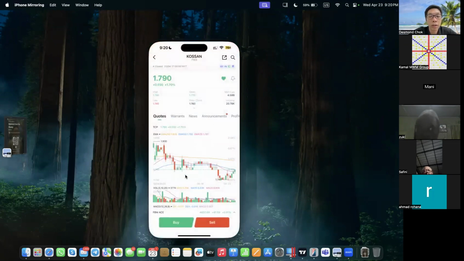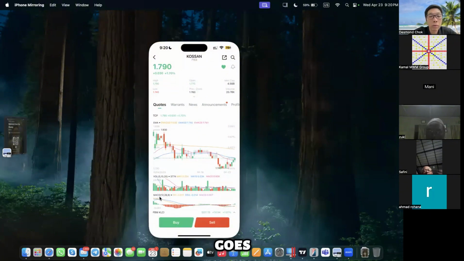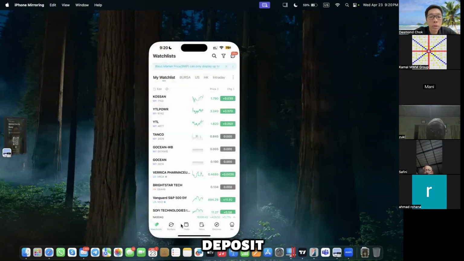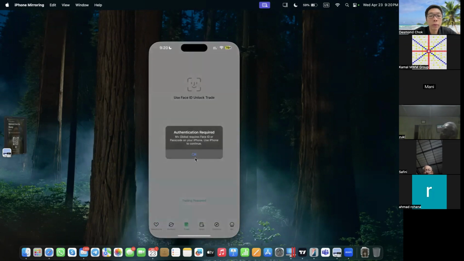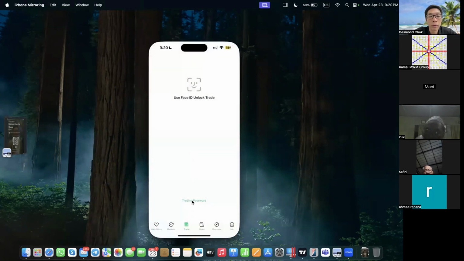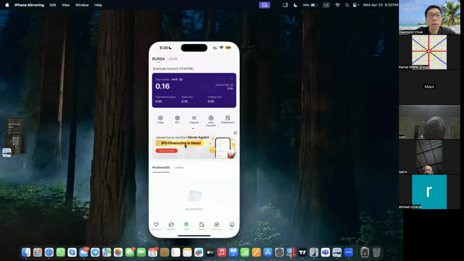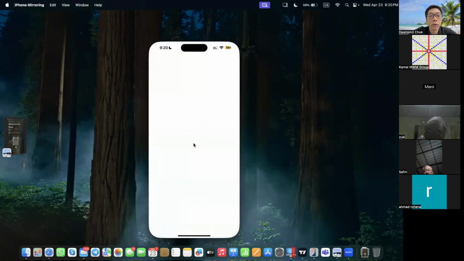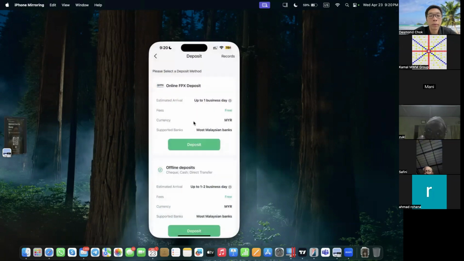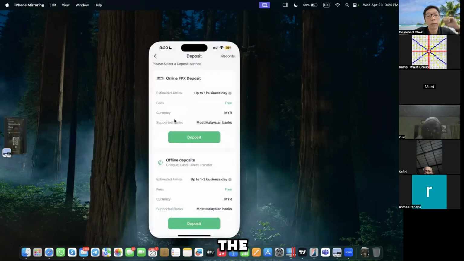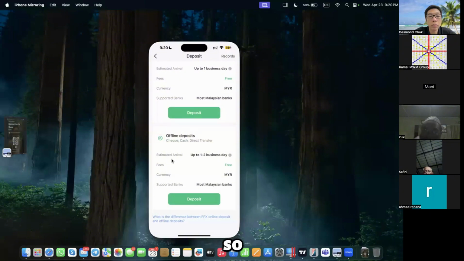Okay. So going back to deposit. Okay, just now it was the FPX deposit. So, okay, offline deposit also can.